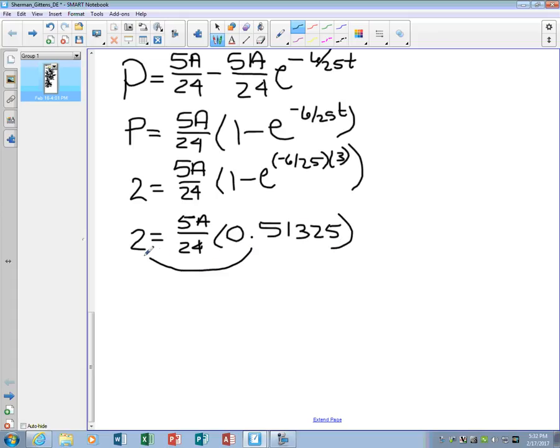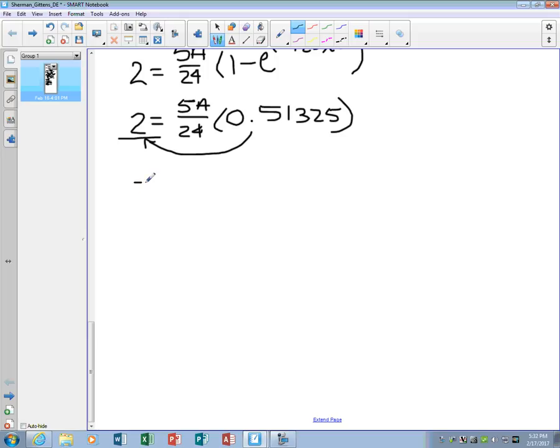We're going to divide that over here. And let me write that out. So we got 2 divided by 0.51325, divided from both sides, obviously, but this side gets affected a little bit more, equals 5a over 24.